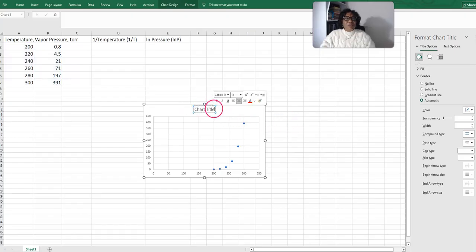So we are labeling the chart, which is vapor pressure versus temperature.